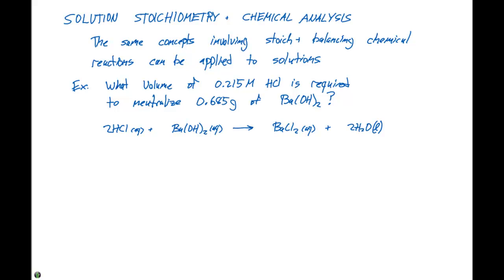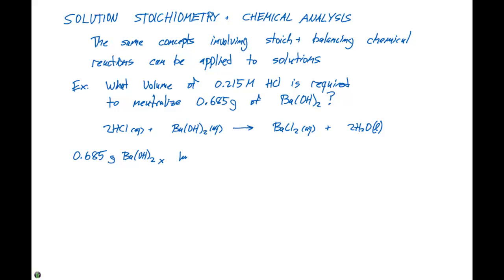So now that we have this particular reaction balanced, we know it's a neutralization reaction, and we know that for every 1 mole of barium hydroxide, we're going to need 2 moles of HCl. So we'll start with our given quantity, which is 0.685 grams of Ba(OH)2.